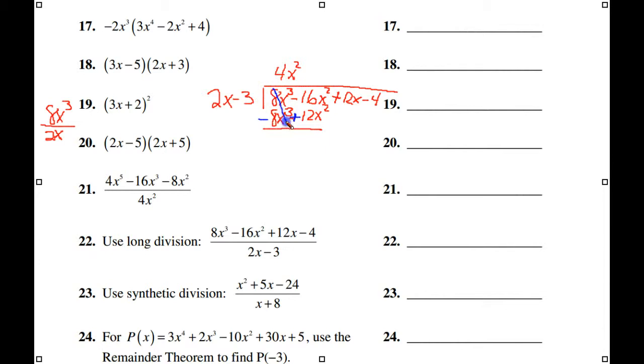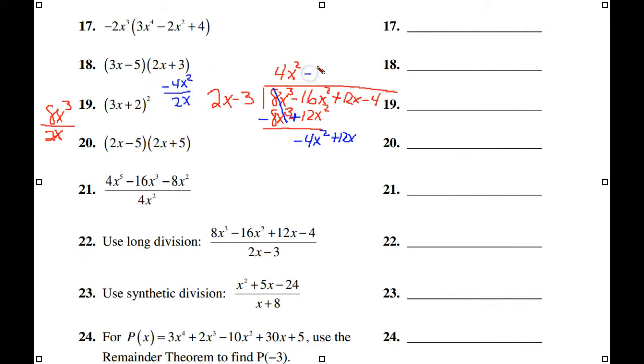So these cancel out. You don't have to write anything there. And here we have a negative 4x squared. And we bring down our next term. Now you can put it over here, negative 4x squared divided by 2x.